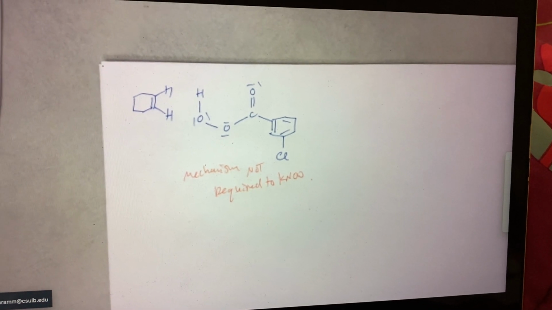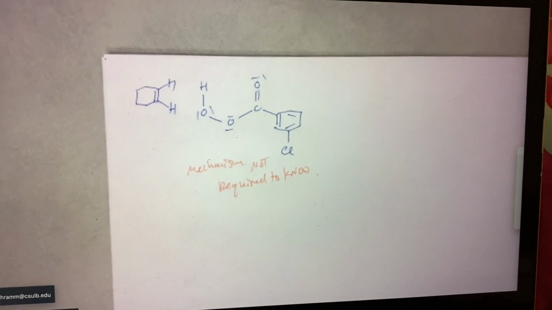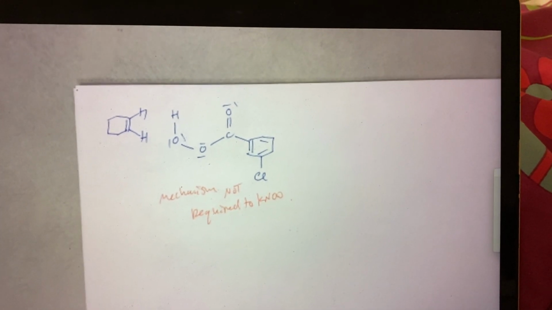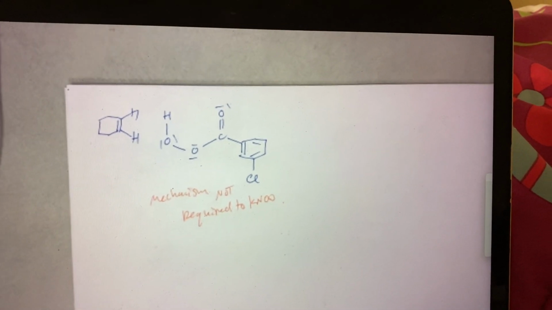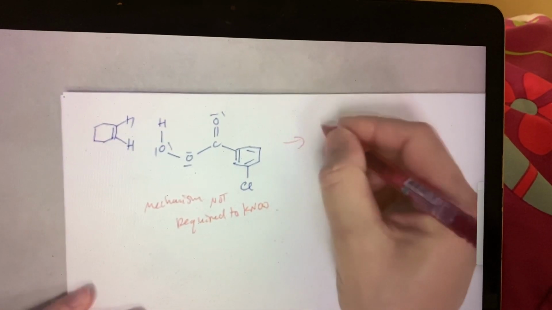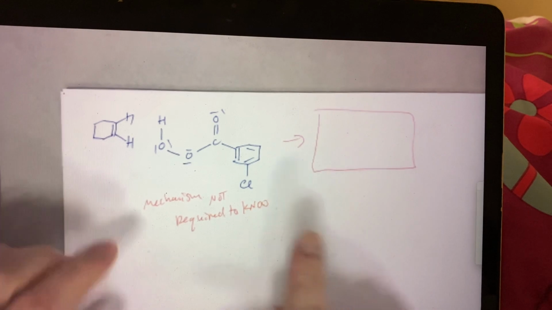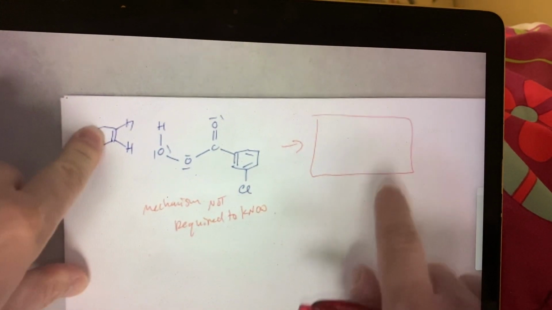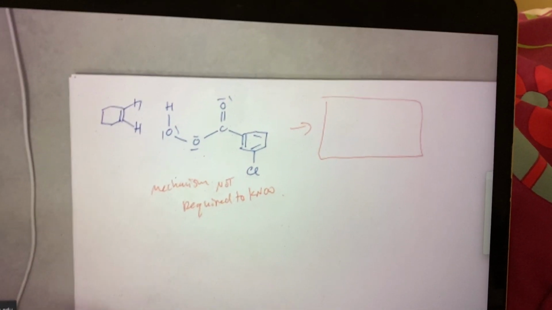I'm just going to show us what the mechanism is, so we can appreciate it's quite complex. You can see that I'm a reasonable human being, that I don't need you to know all these mechanisms, but we're going to appreciate what it does, and we have to know what it makes. That's definitely key stuff, right? We have to be able to identify this as a peracid. We have to know that when it reacts with an alkene, it makes an epoxide.